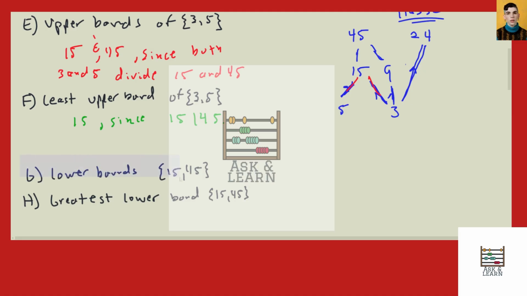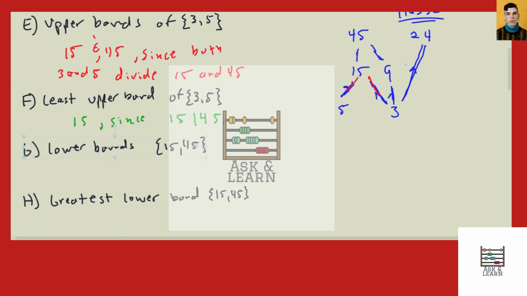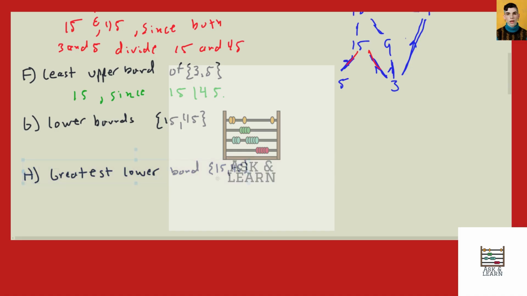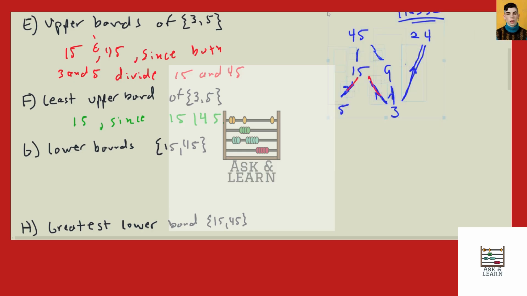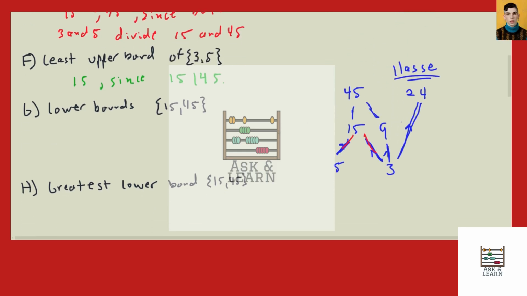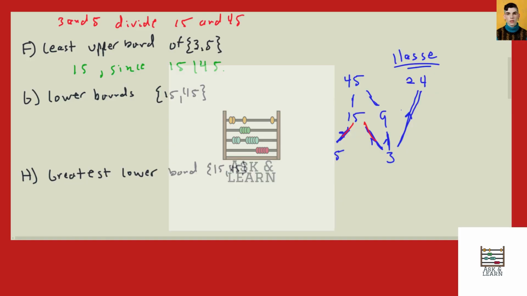Now for our lower bounds of 15 and 45, this is just a way of asking what values in this chart divide both 15 and 45. Well, 15 can divide both 15 and 45. Then 5 can divide both 15 and 45. 3 can divide both 15 and 45.